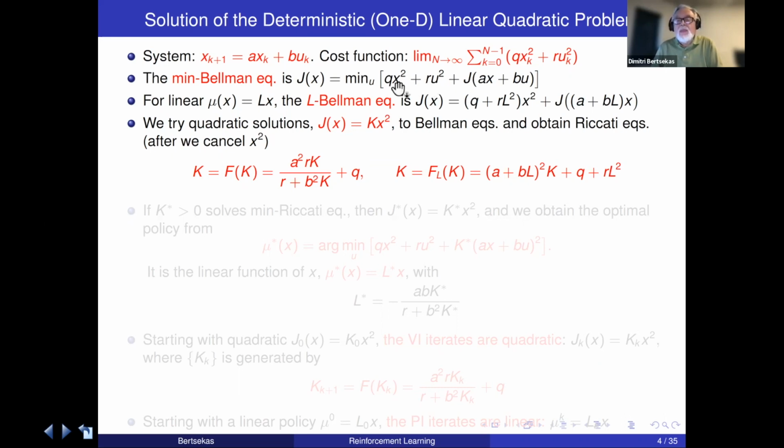And we can calculate the u that minimizes, plug it in, and then what we're going to get is a quadratic on the left side and a quadratic on the other side, which is given by this form through this minimization. And by canceling out x squared on both sides, we get this equation here. This is called the Riccati equation. And it is basically this Bellman equation restricted on the subspace of quadratics after we also cancel out x squared.